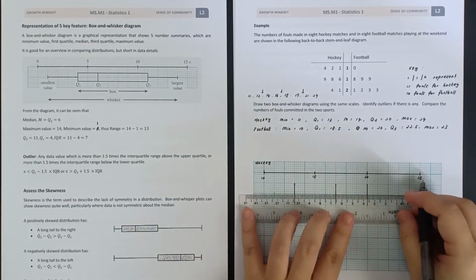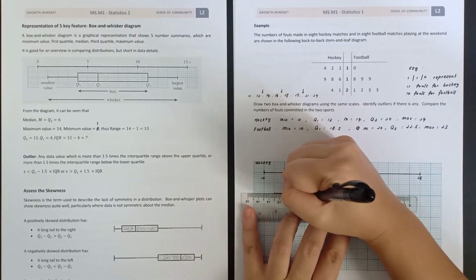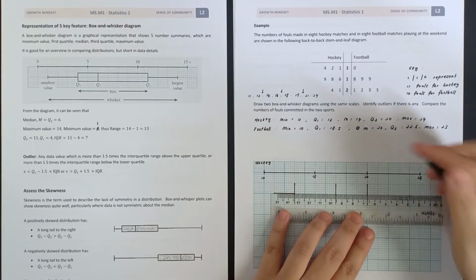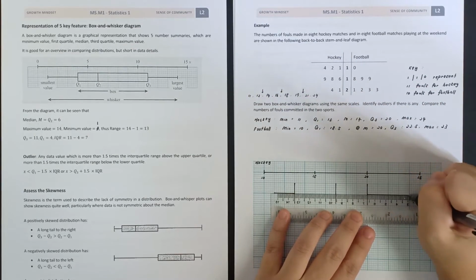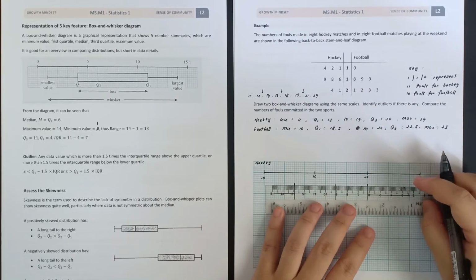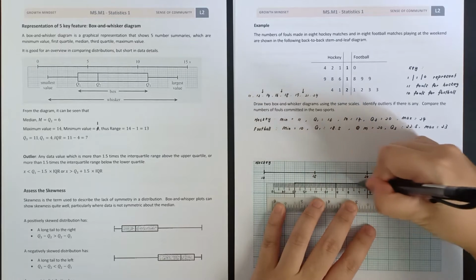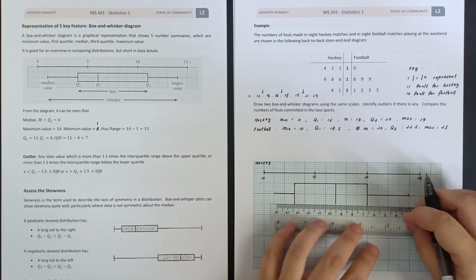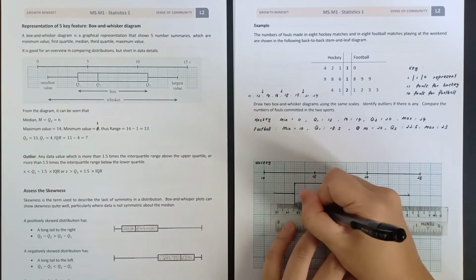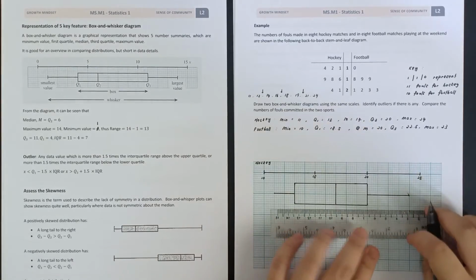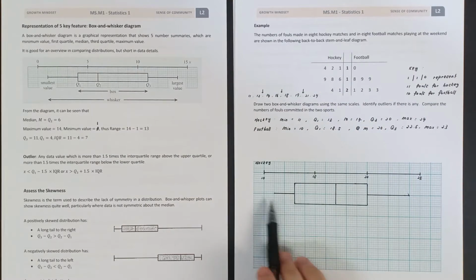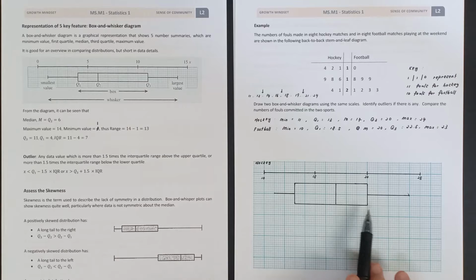Then you can start to draw your line. I hope you can get it. It's basically minimum point, maximum point, Q1, Q2, Q3.